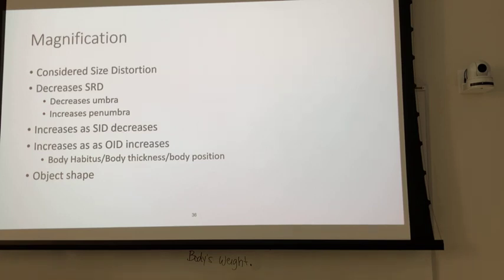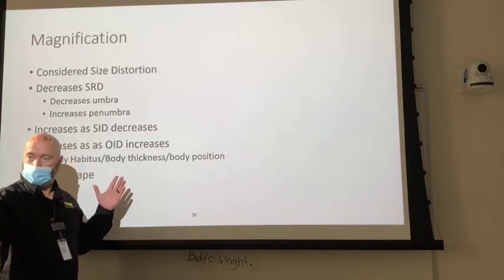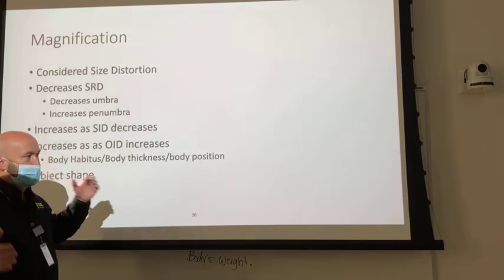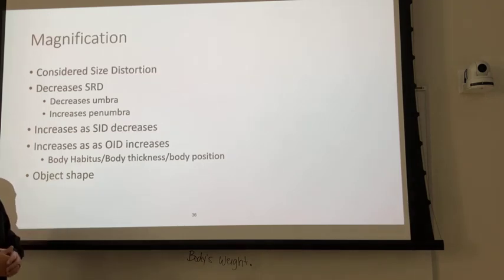So if all things remain the same, let's say you shoot a chest X-ray at 72 inches, then you've got a certain level of umbra versus penumbra. If you decrease your SID down to 40 inches, what's going to happen? Why do we prefer to shoot a chest X-ray at 72 inches?